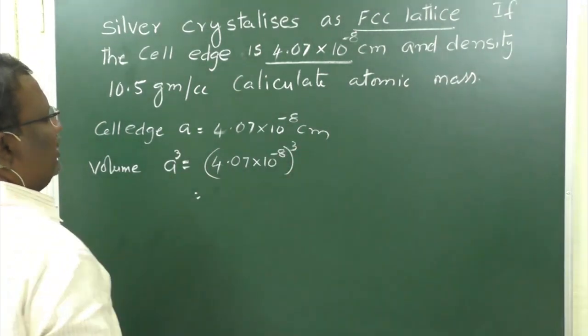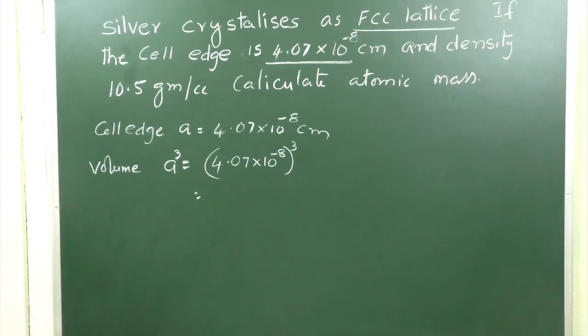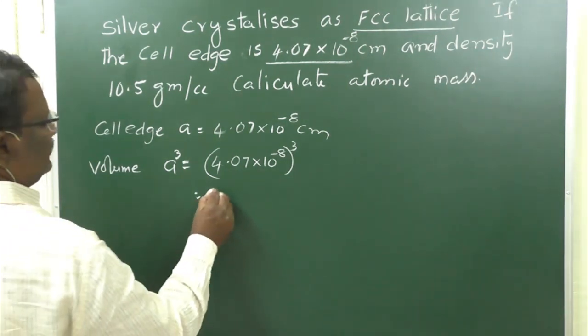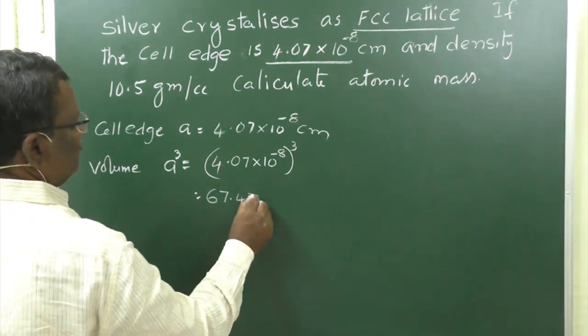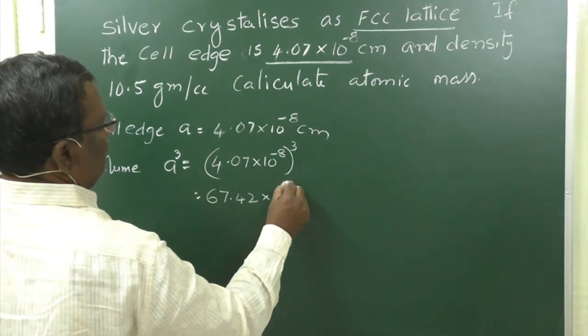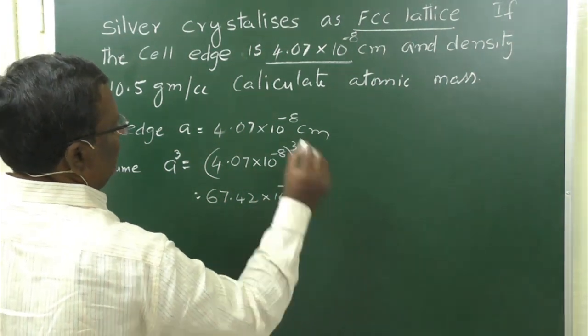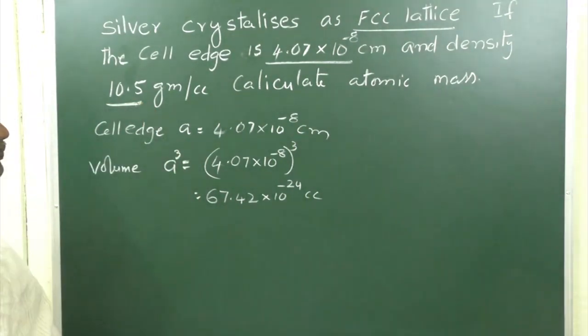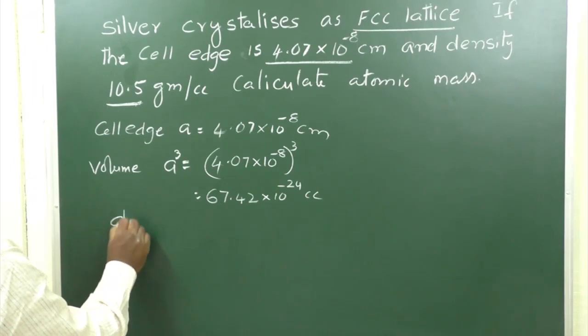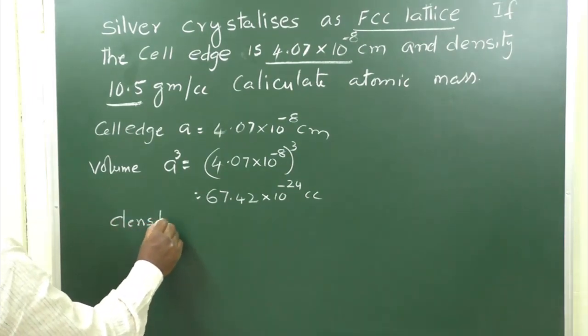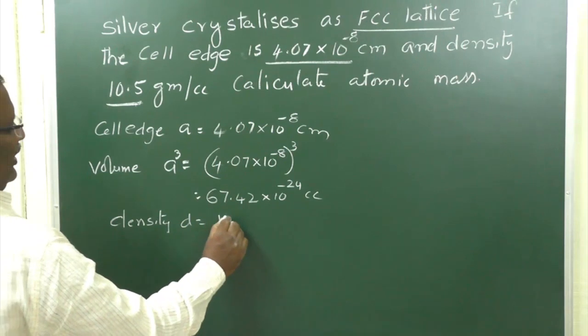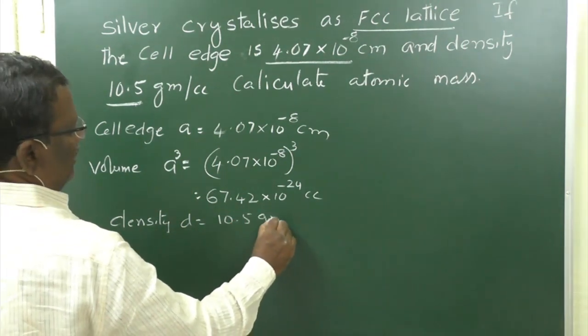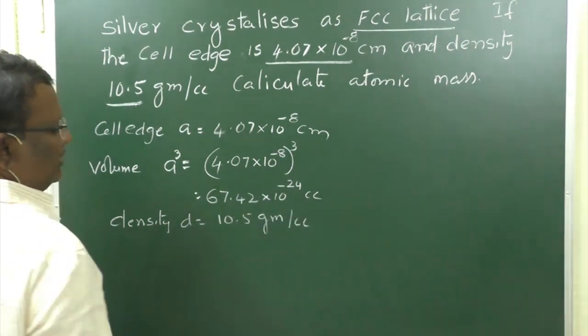On simplifying, you will get the volume of the cube. So, the volume of the cube is 67.42 into 10 to the power minus 24 cubic centimeters. Here they gave us density D as 10.5 grams per cc.